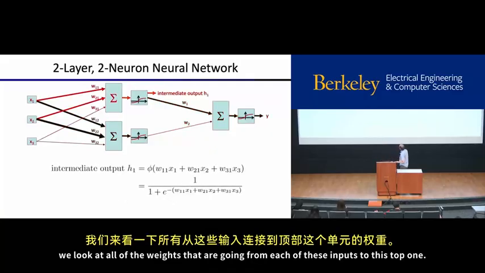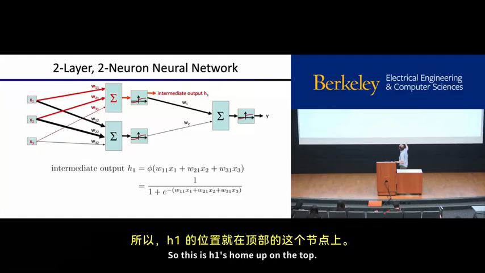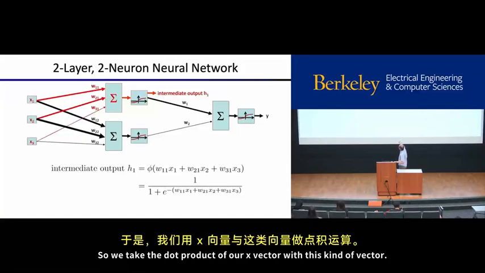For H1, first we look at all of the weights that are going from each of these inputs to this top one. So this is H1's home up on the top. We take the dot product of our x vector with this kind of vector.